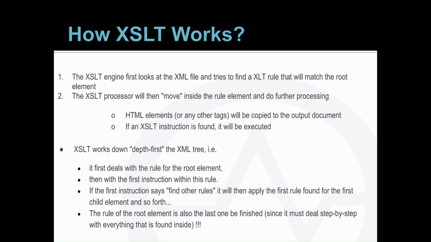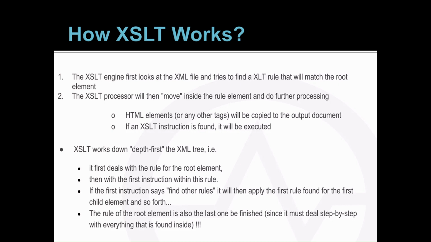So it first deals with the rule for the root element, then with the first instruction within this rule. If the first instruction says find other rules, it will then apply the first rule found for the first child element and so forth. The rule of the root element is also the last one to be finished.